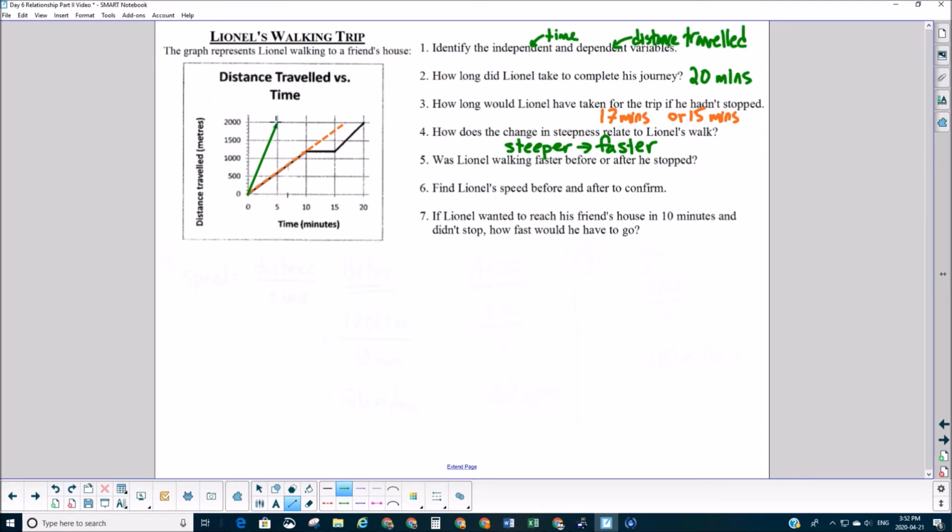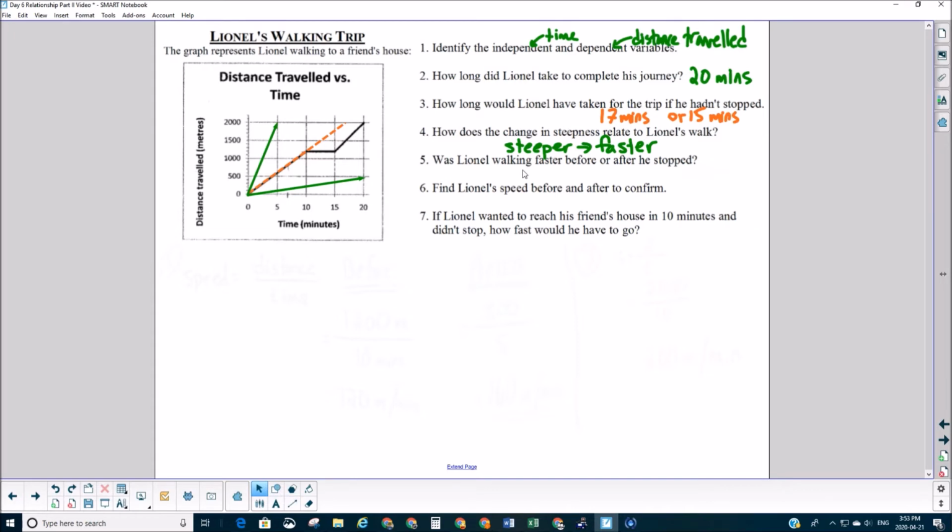That would mean he's going much, much faster, and the graph is steeper. Versus something like this, where he only travels 500 meters and it takes him much longer to do just that 500 meters. So this is less steep and obviously a lot slower. So the steeper the line, the faster it is. And we've probably discovered that in some of the other activities we've done.